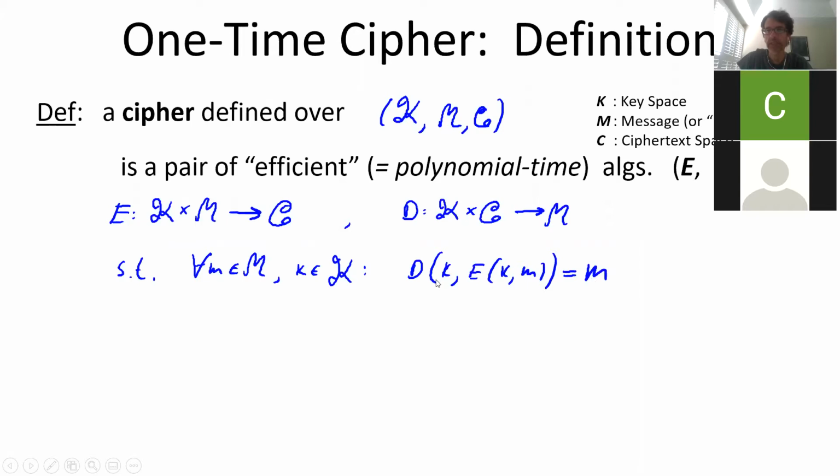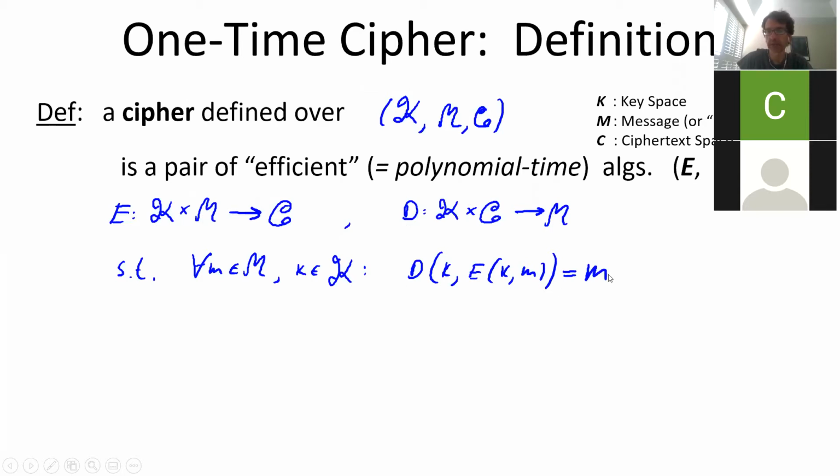I need this for obvious reasons. What encryption should give is that if a sender has a key, and runs the E function on his key and a message, and sends the ciphertext over, the receiver uses the D function and the same key. If they plug in the ciphertext, they should get the same message back.